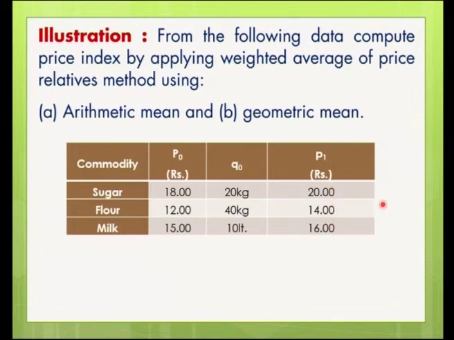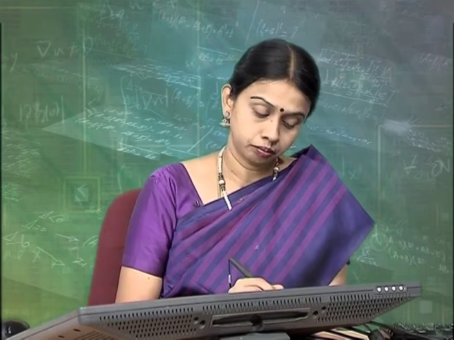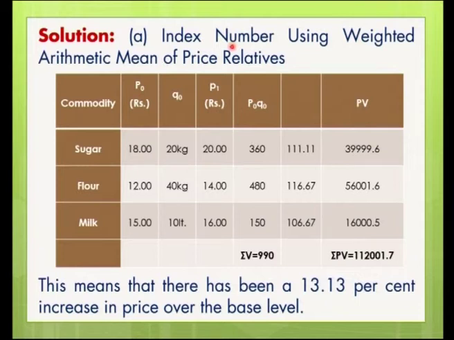In this problem, the quantity for the current year, that is the Q1 value, is not given. We have to compute the index number when the quantity values are not given for the current year. So, index numbers using weighted arithmetic mean of price relatives.